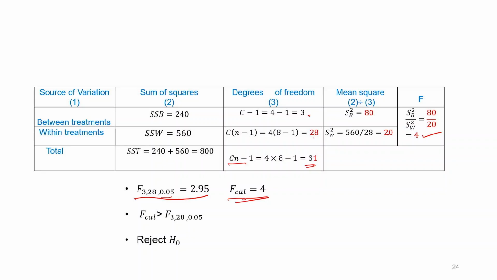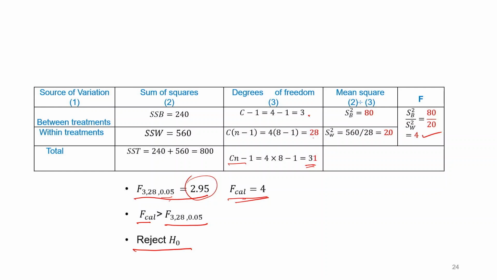The calculated value is more than the table value, and therefore we reject the null hypothesis. We will say yes, there is a difference. The F value is much higher than the expected value of F at the level of significance 0.05. So that is how the conclusion would be.